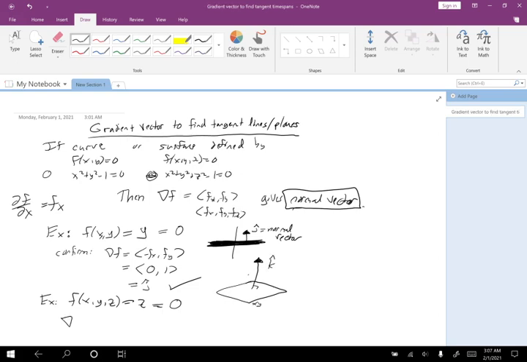So let's confirm this. The gradient is fx, fy, fz, the partial derivatives. If we take the partial derivatives of z, we simply get 0, 0, and 1. This is, of course, k, the z unit vector. So we again get the correct normal vector by taking the gradient.